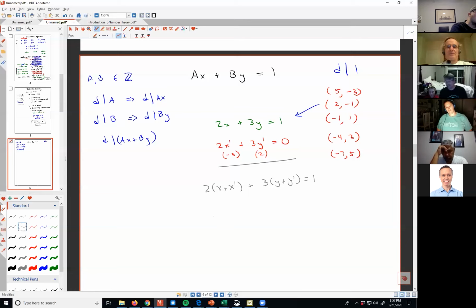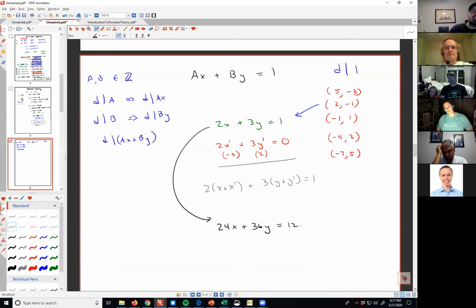If we were to have the equation 24x plus 36y, it couldn't equal 1, because 1 is not divisible by 12, which is a common divisor of the left-hand side. We could start with this equation and just multiply it by 12.